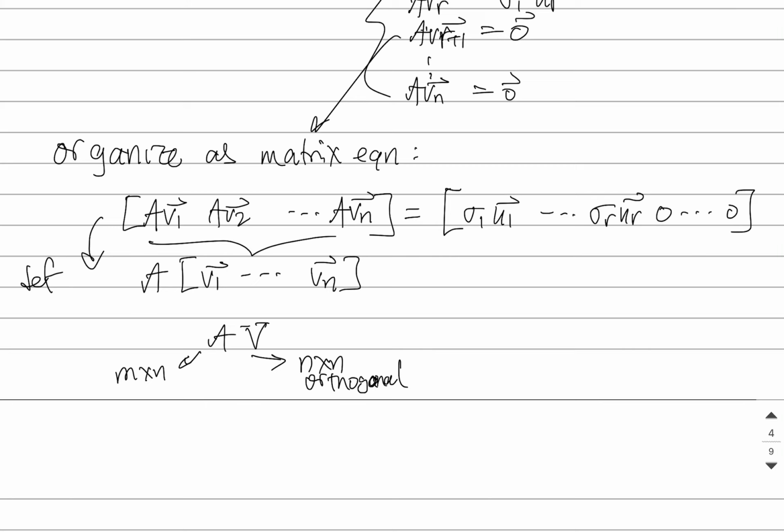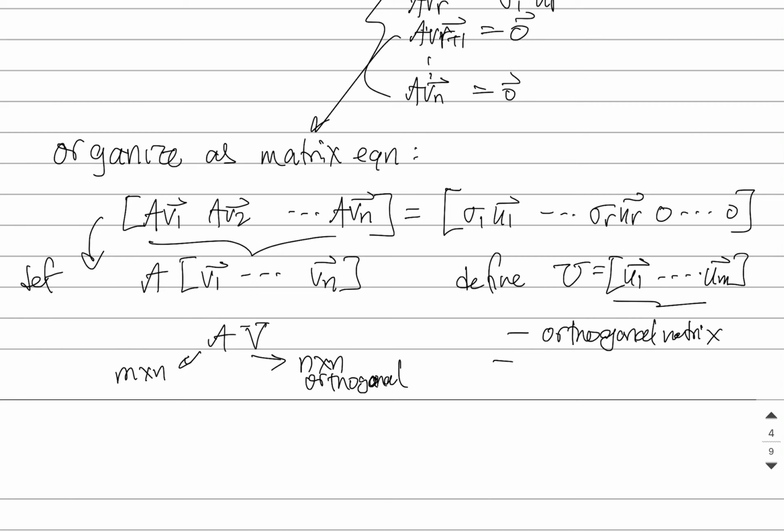What I'm going to do is define the following. I'm going to define this matrix capital U. It's going to be U1 all the way down to UM. This is an orthogonal matrix, and it holds an orthonormal basis for Rm.